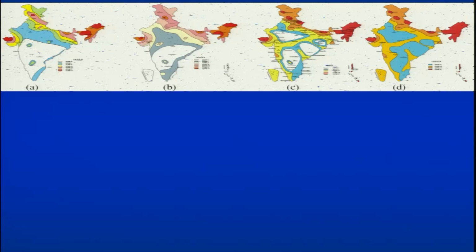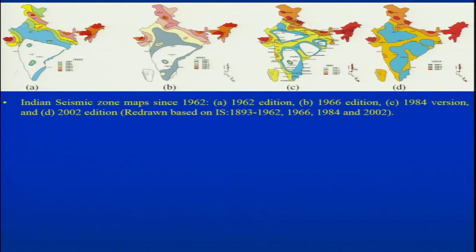So this figure has usually been taken into consideration when we are doing town planning and all that, and these figures show that over time, with the input of data, this seismic zonation map of India was revised.